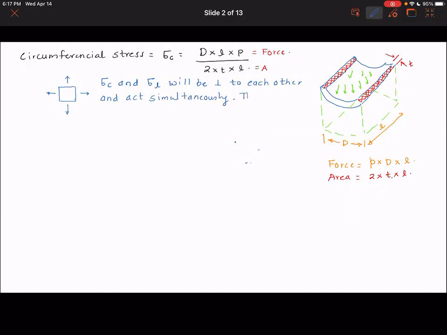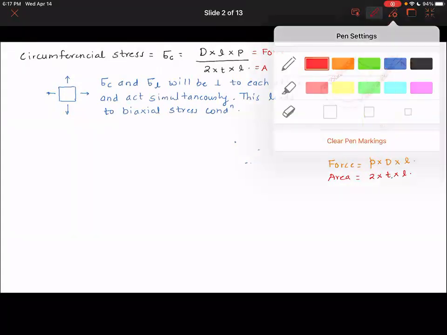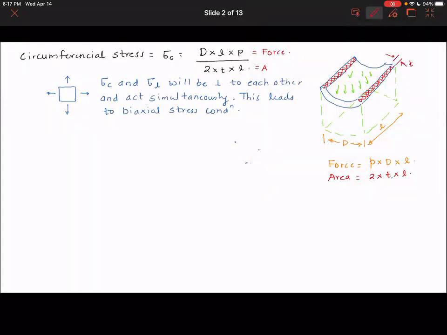So this leads to a biaxial stress condition. And once again, what it means is the component of longitudinal stress will be in the lateral or circumferential direction, and the component of circumferential stress is going to be in the longitudinal direction. I'm going to give you the expression.